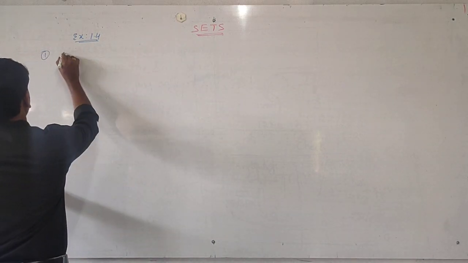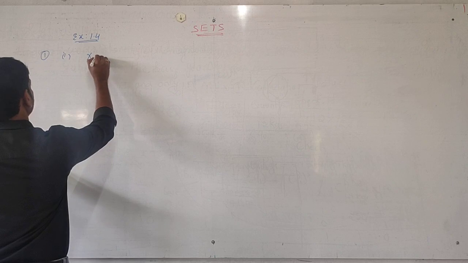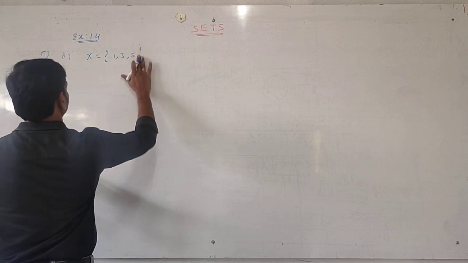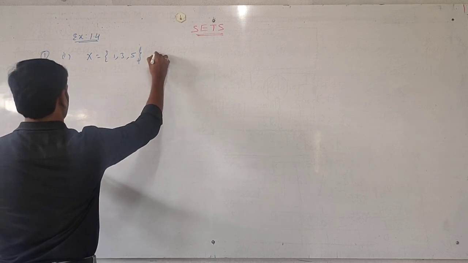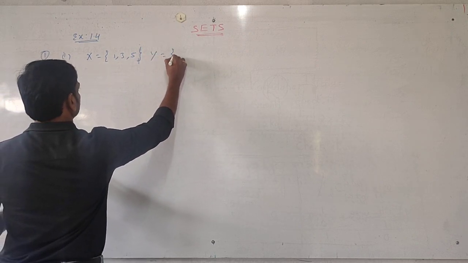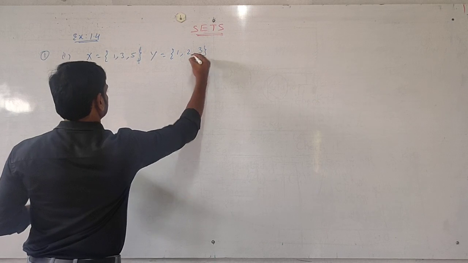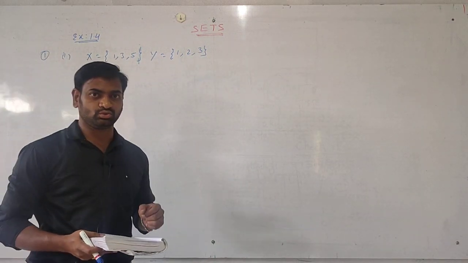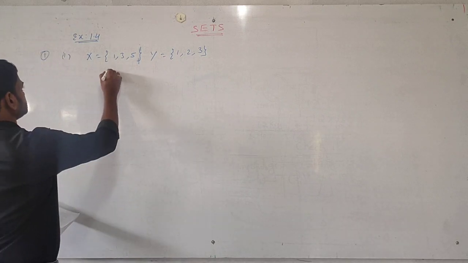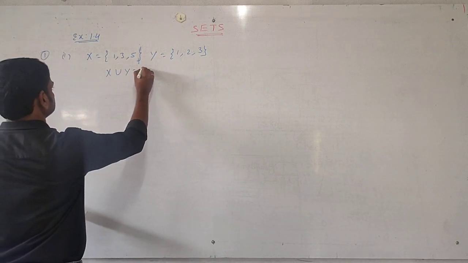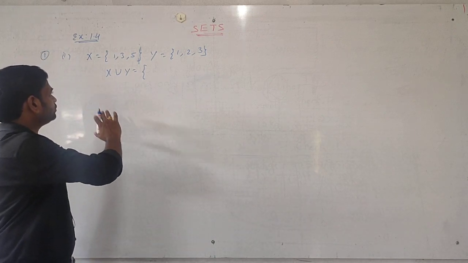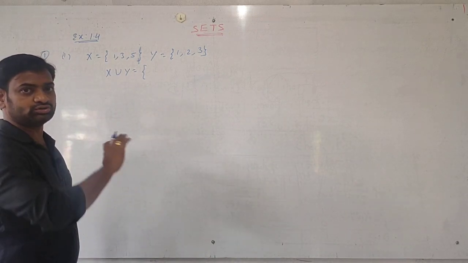In the first one, I am taking capital X equal to {1, 3, 5}, capital Y equal to {1, 2, 3}. Now we have to find the union of these two sets, that is X union Y. What is X union Y? The elements of both X as well as Y, both we have to take.